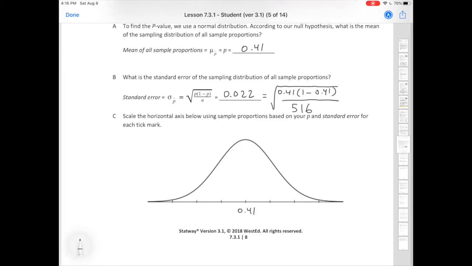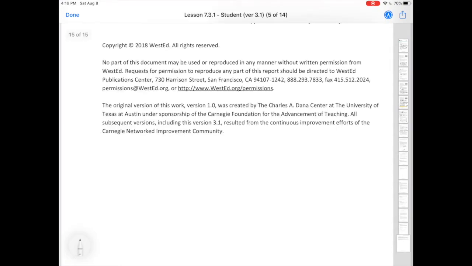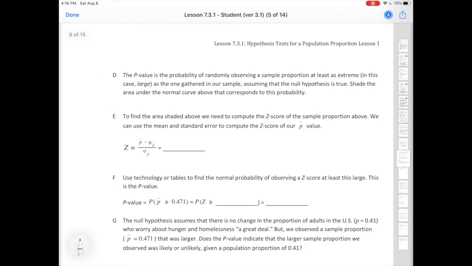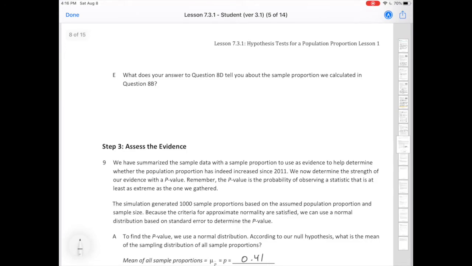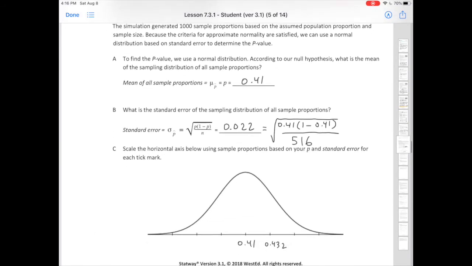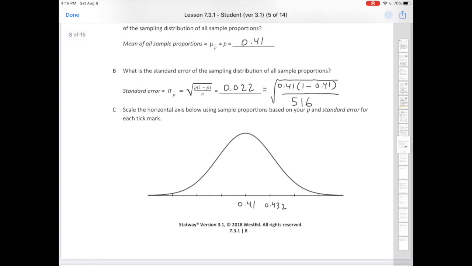And then if I add 0.022 to 0.41, I get 0.432. And if I add 0.022 again, I get 0.54. And if I add 0.022 again, I get 0.476.